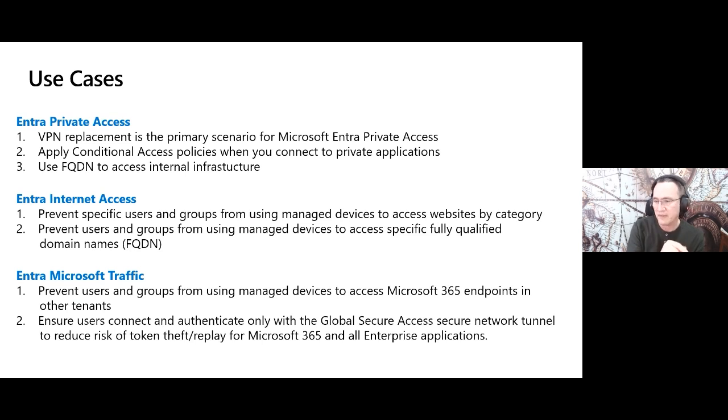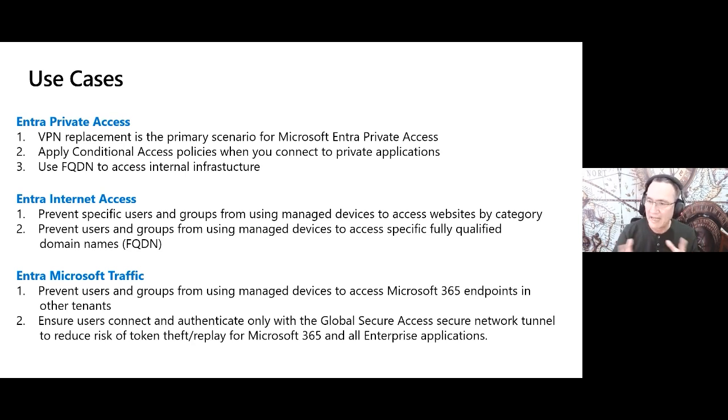You can configure it and apply it. Remember, in Internet Access you don't need anything from the connector. So if you want to test, believe me, in a single day you can use Internet Access or Microsoft Traffic, because you don't have to use anything else. If you're thinking of using Internet Access, this is the best way to start testing.